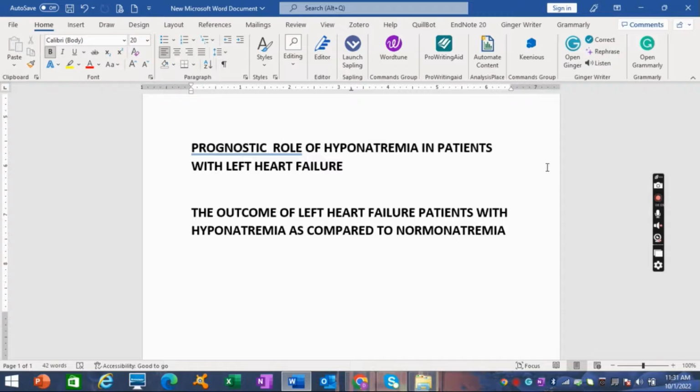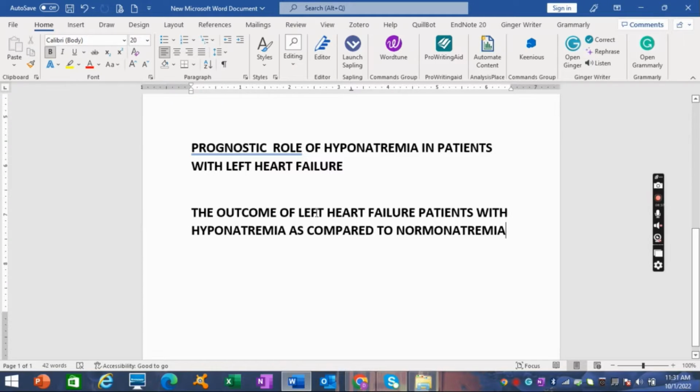So the same topic, the same title, I have written differently, now bringing it in a different statement. Just go through it. It says the outcome of left heart failure patients with hyponatremia as compared to normonatremia.